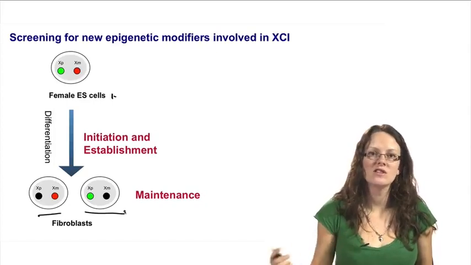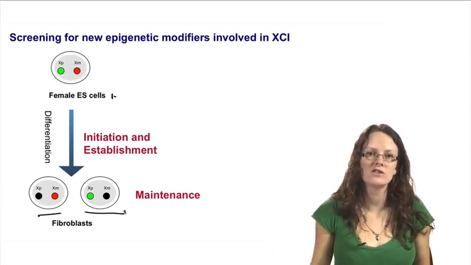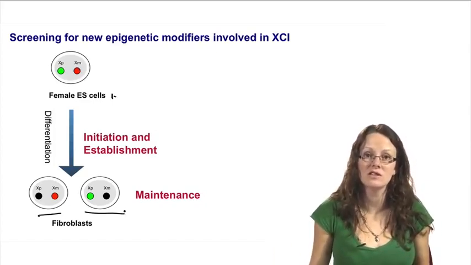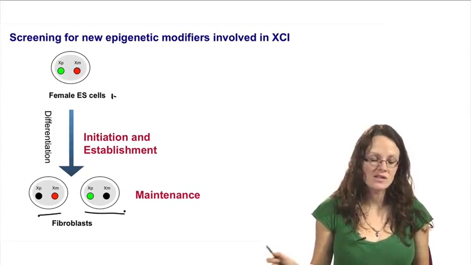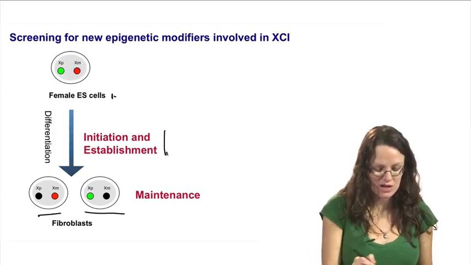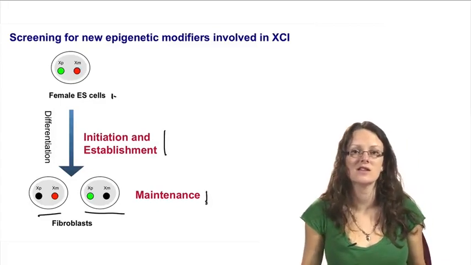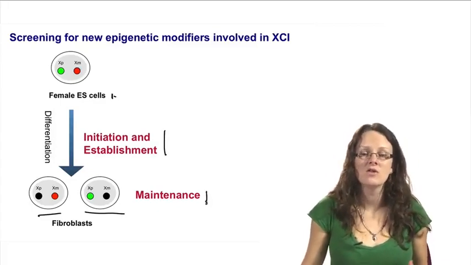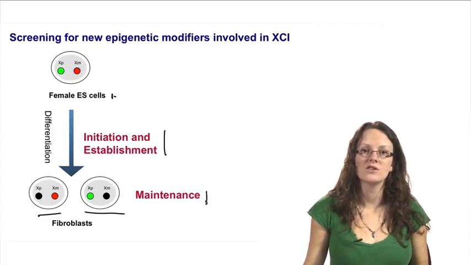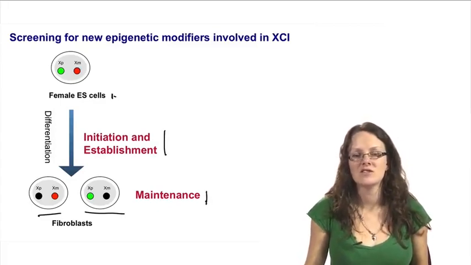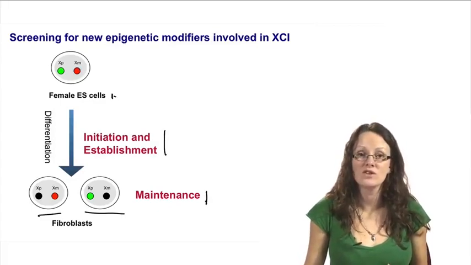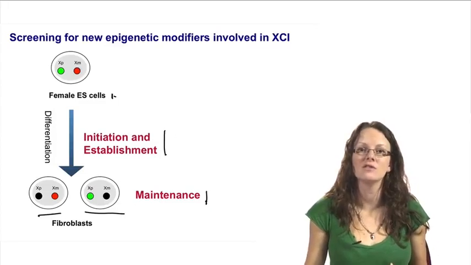And as we introduce these microRNAs to reduce the expression of each of the particular genes we're interested in, about 1,000 genes, we can study whether the phases of initiation and establishment or maintenance of X inactivation occur normally or are in some way disturbed. And this will give us some indication as to whether the gene that we reduce the expression of with microRNAs has any role in this fundamental process of X inactivation.